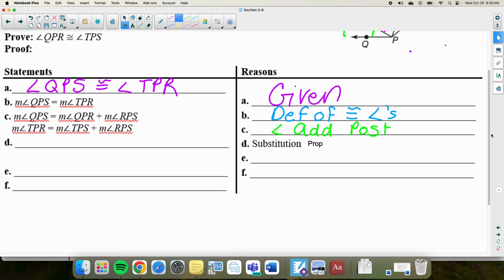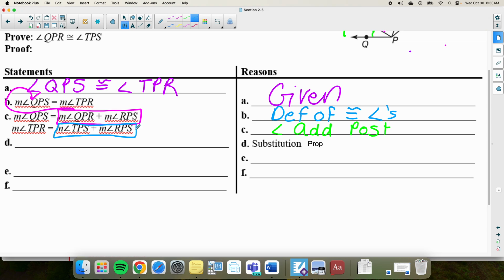Now if you look, they want us to do substitution. So what I need to do there is look at what I can substitute. Do you guys see up here where this is angle QPS as well as this is angle QPS? And angle QPS is this whole thing. So I can take this and substitute it in there. Now they have that angle TPR is equal to this blue box. So TPR is up here.